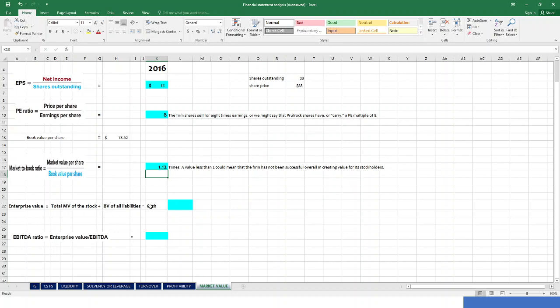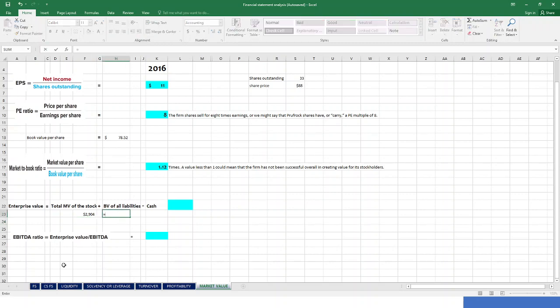The enterprise value is the total market value of stock, which is 88 multiplied by 33 million. We have the book value of all liabilities.